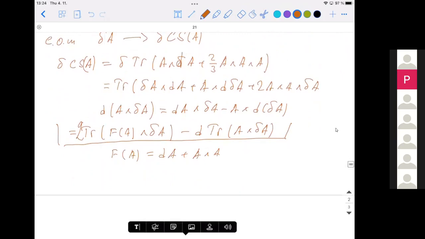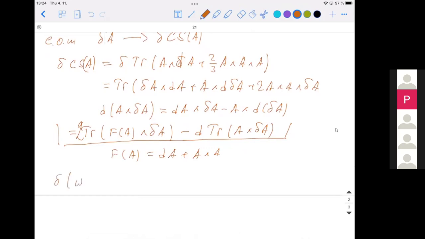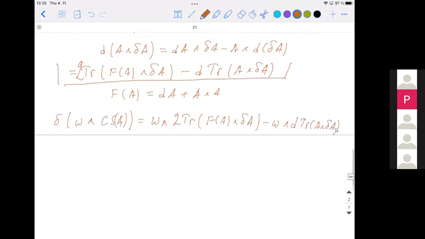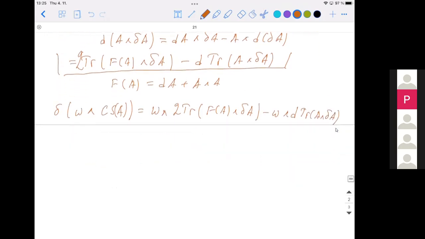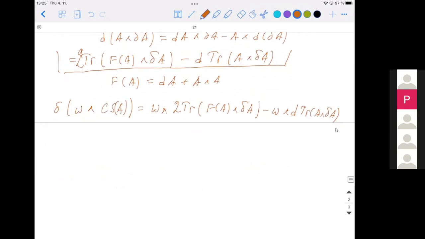So we want to write down the variation of omega wedged with Chern-Simons of A. So this is just omega trace F_A delta A, and then omega d trace A wedged delta A. Okay, which can be written as this.